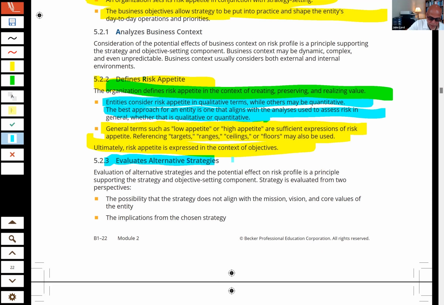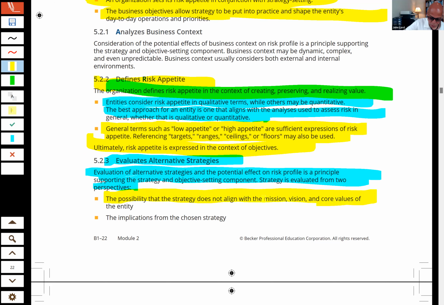Now, evaluating alternative strategies: evaluation of alternative strategies and the potential effect of the risk in supporting the strategy and objective-setting component. Strategy, evaluating two perspectives: the possibility that the strategy does not align with the mission and core values, and the implications of that chosen strategy.